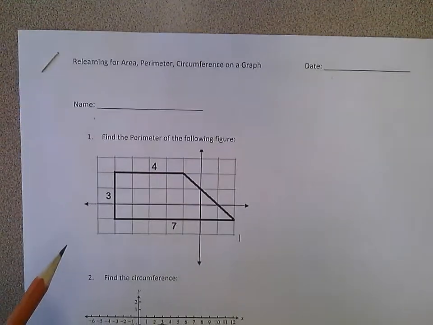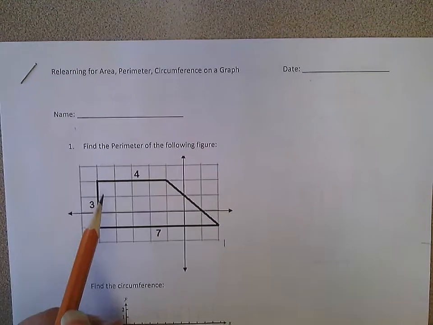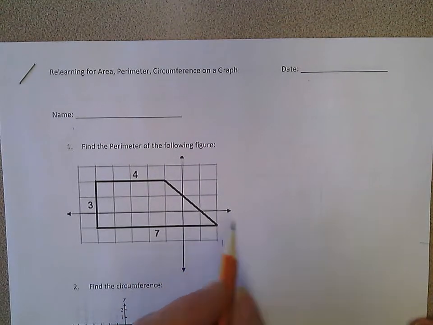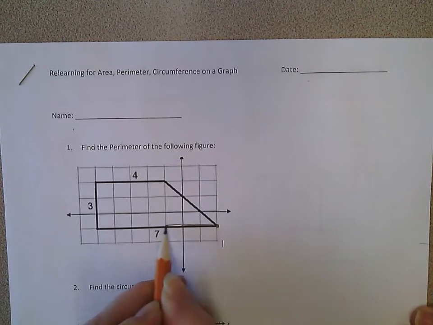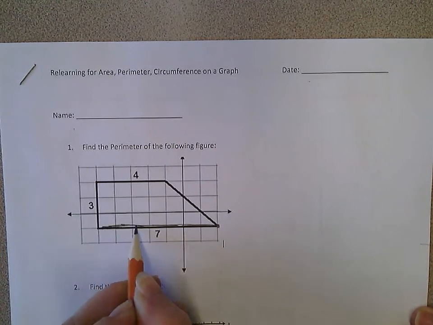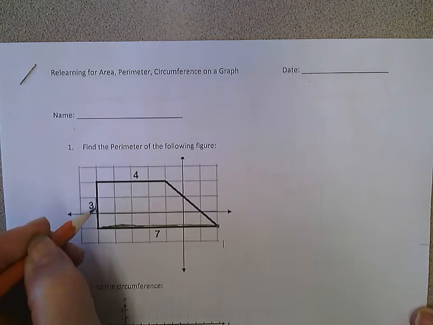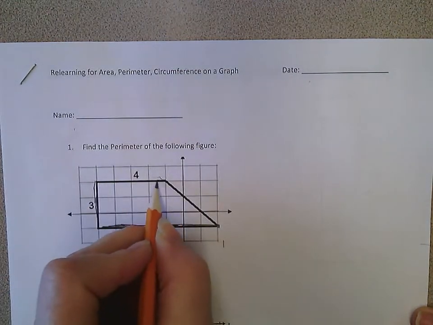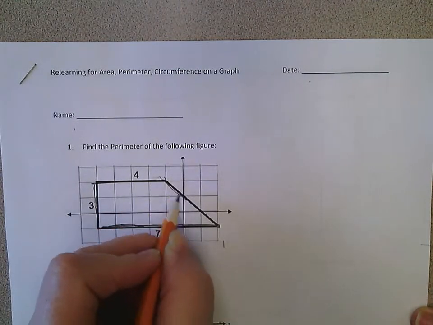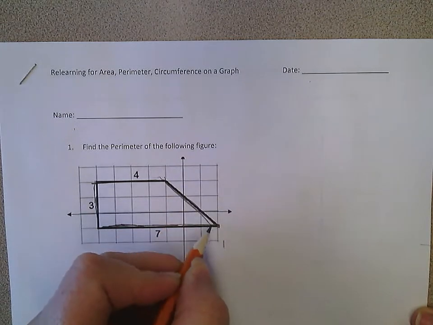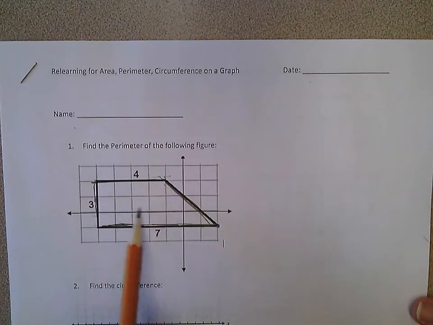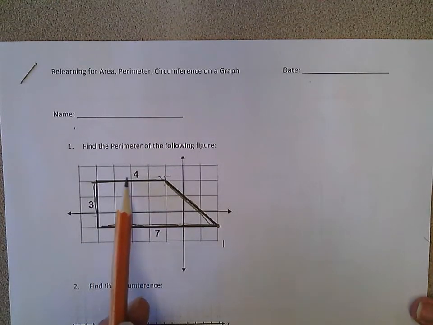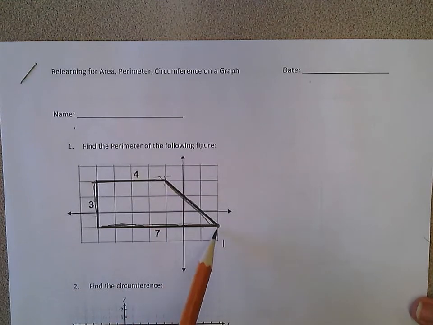So if we take a look at this problem here, which should look familiar, we've used it several different times, but when we're looking at perimeter, we're interested in the line lengths that are on the outside of our figure, these lengths, here, here, here, and here. That's what we're interested in. We're not interested in any part in the middle. We're only interested in the length of each of these lines.